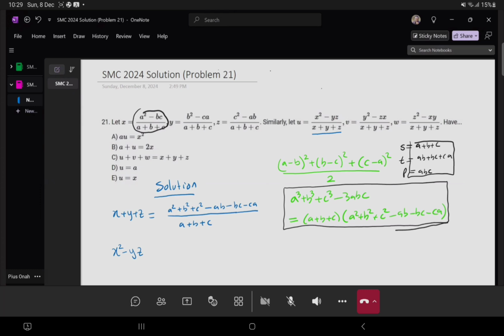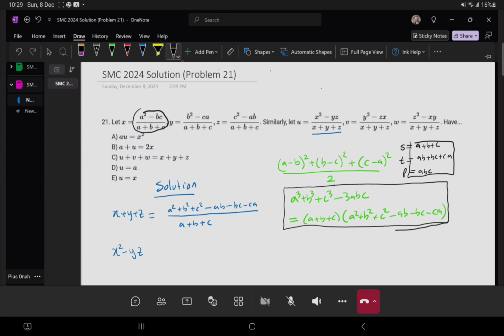For instance, if you consider a cube plus b cube plus c cube minus 3abc mod 3, and some other specific mods, that's where you can prove that a plus b plus c would always divide that symmetric polynomial. But it was a long time ago that I explored this with this specific polynomial. I saw it in a book by Titu and Andreescu that I was reading, and that was the first place I saw this factorization, and it's really interesting.